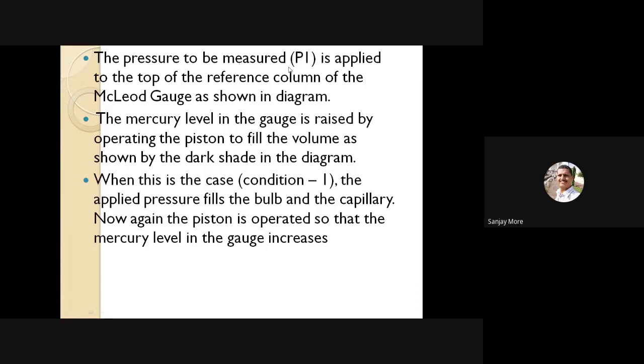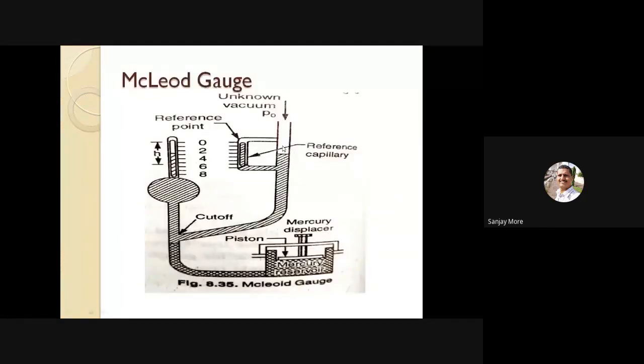The pressure to be measured, P1, is applied to the top of the reference column of the Macleod gauge. The mercury level in the gauge is raised by operating the piston to fill the volume as shown by the dark shade of the diagram. You see here, this is the unknown vacuum P0.